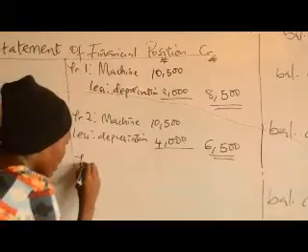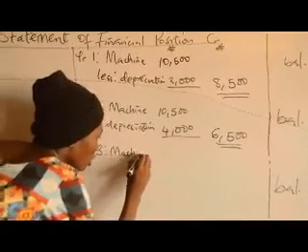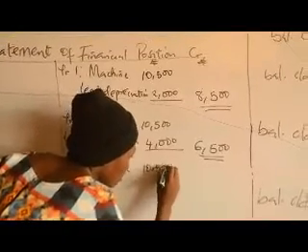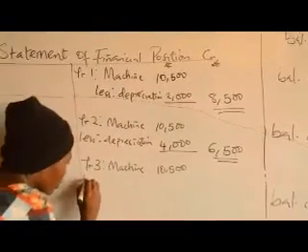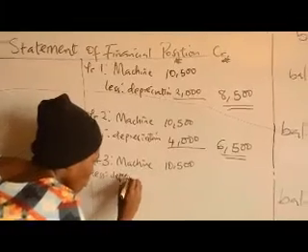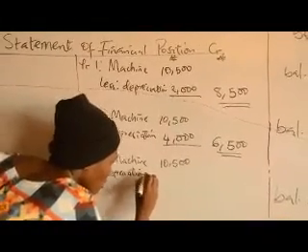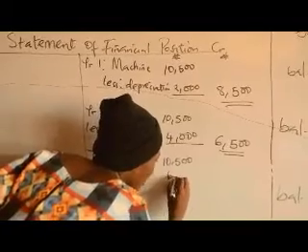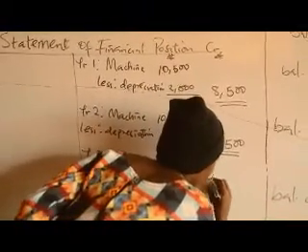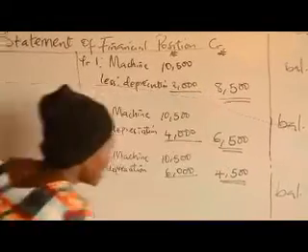For our third year, our machine still remains constant. And we are still lessing depreciation. For our third year, our accumulated depreciation is 6,000 naira. So when we less that, we will have 4,500. We close the account for that year.